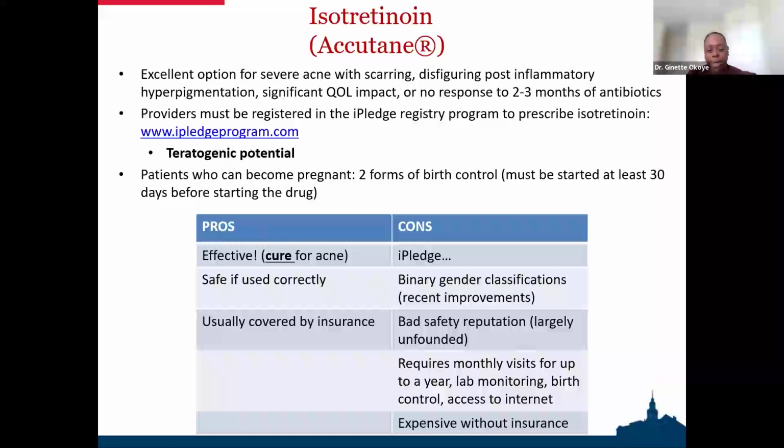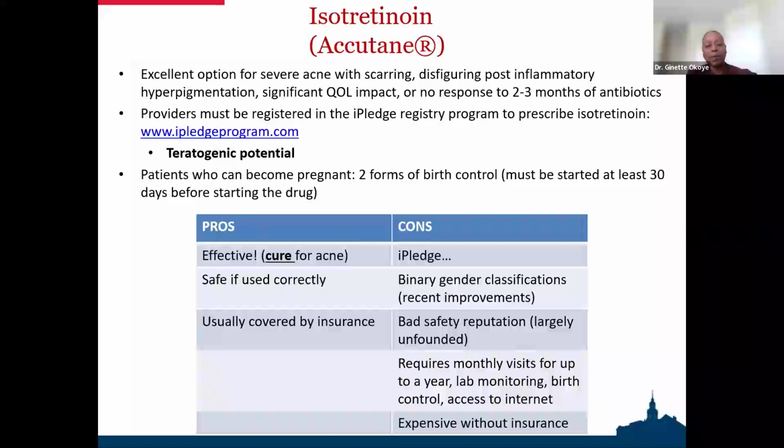And by use properly, I mean you have to do Accutane by weight. So the goal is to get to 220 milligrams per kilogram total dose over the course of, say, 6 to 9 months. What happens sometimes is patients just get isotretinoin for 5 months or 6 months, and they may not have gotten to that goal dose.